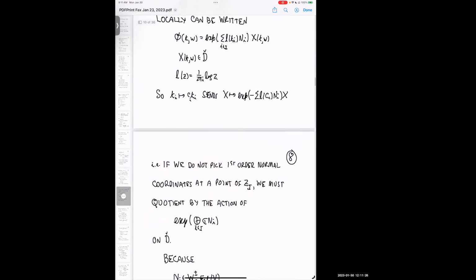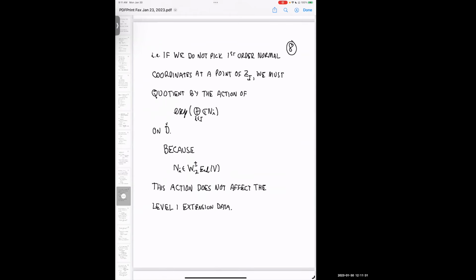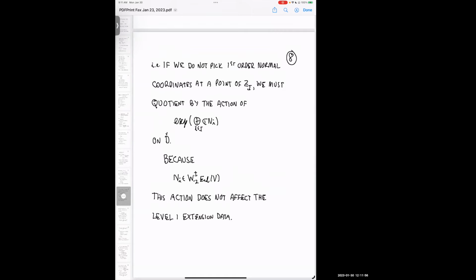And so what is well defined, if you don't pick those normal coordinates or don't do something equivalent, you have to quotient by the action of exponential of the CNIs where I is in this capital I, the Z sub capital I we're on. Because these NIs are in the weight -2 part of endomorphisms, this does not affect the level 1 extension data, but it does affect the level 2 extension data. And exactly the I equals J case for curves is where you are losing this information, as you should.